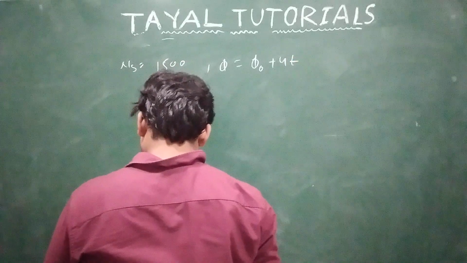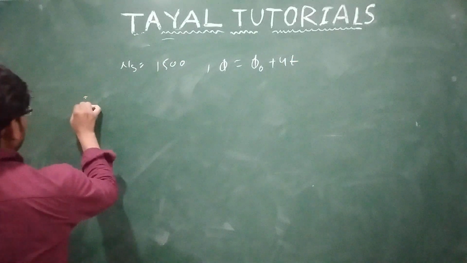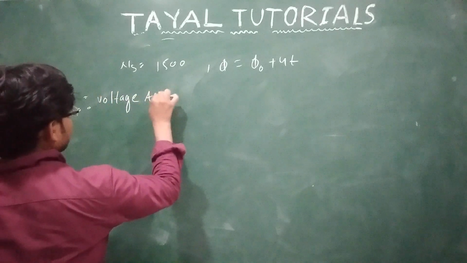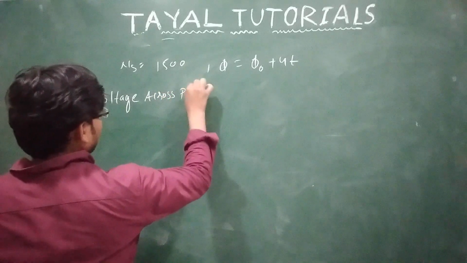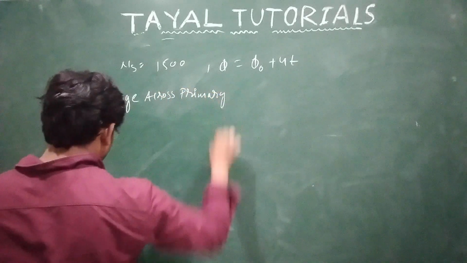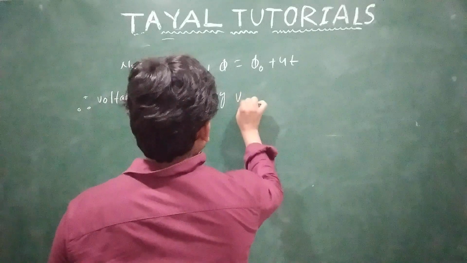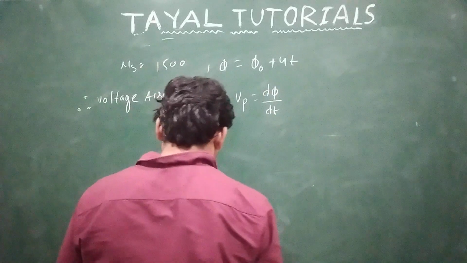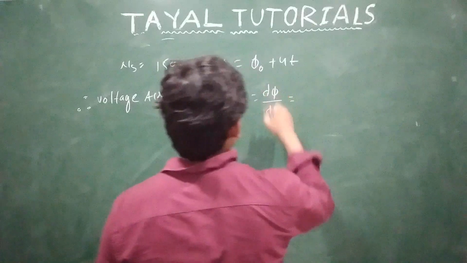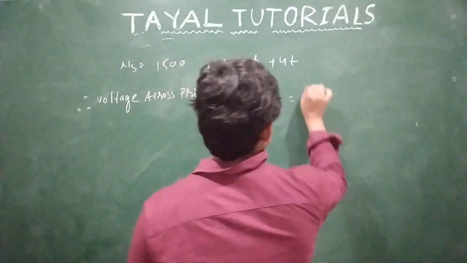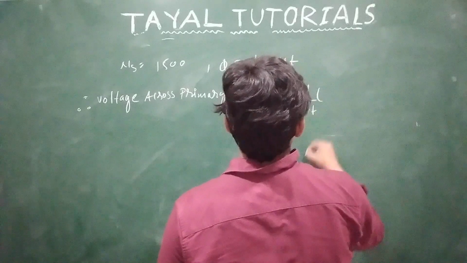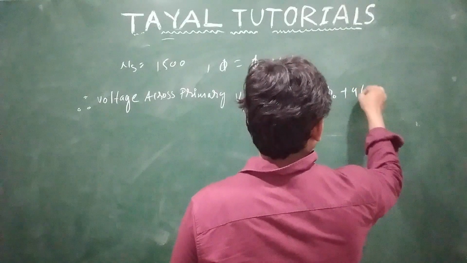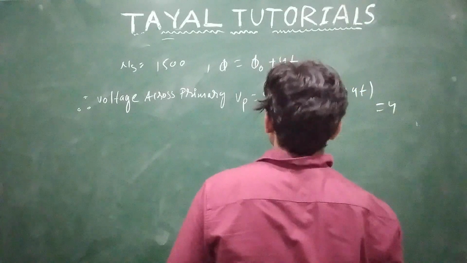So voltage across primary, Vp is equal to d phi upon dt. So d upon dt of phi naught plus 4t. When you differentiate, you will get 4.